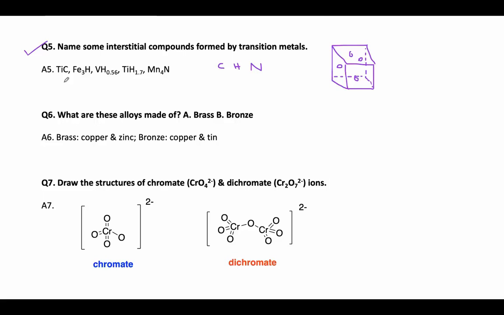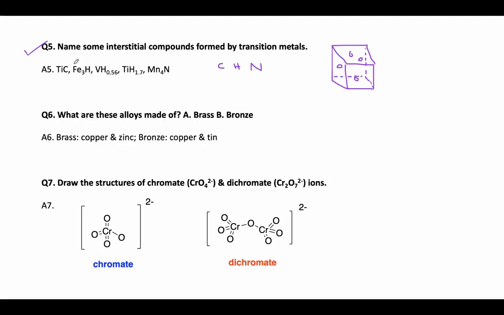These formulas do not correspond to any kind of formal oxidation state of the metal. You cannot say here the oxidation state of titanium is plus 1.7. Not here also, the oxidation state of vanadium is not plus 0.56.